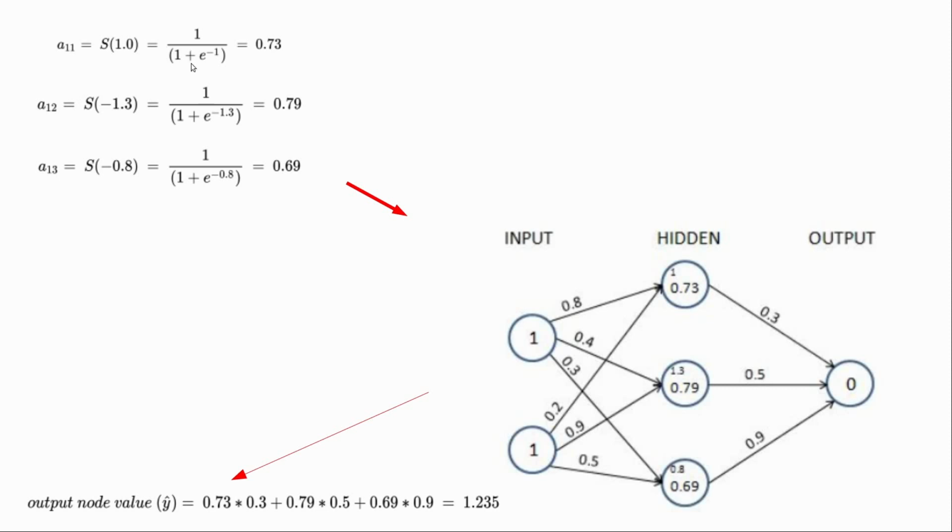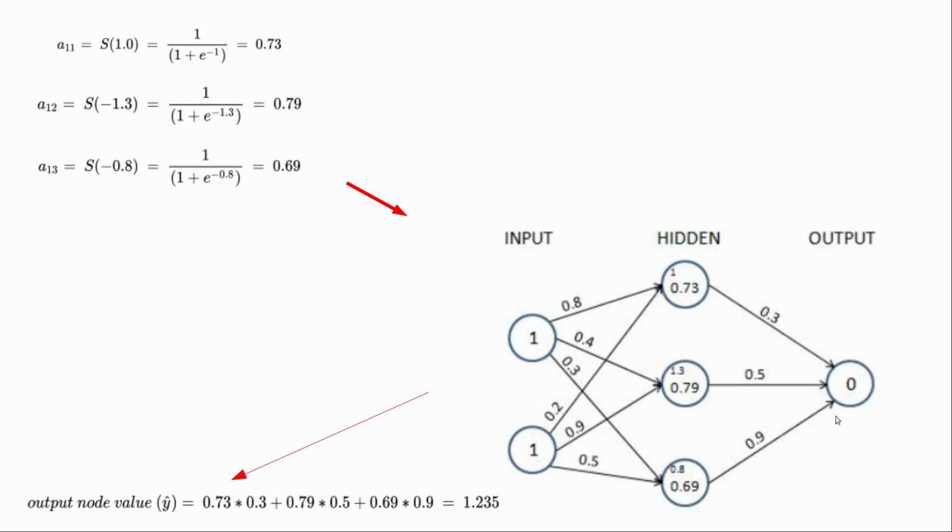I pass 1 as an input to the sigmoid function, that is 1 over 1 plus e to the power minus 1, and get the value 0.73. Similarly, I pass 1.3 as an input to the sigmoid function for this node, and 1 by 1 plus e to the power minus 1.3 gives me 0.79, and that's what we see. And for the third node here, I get a value of 0.69.